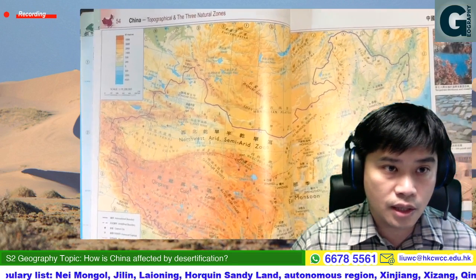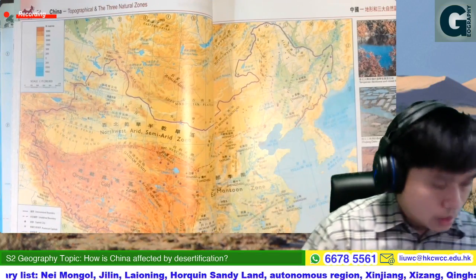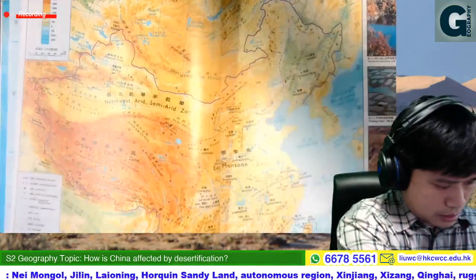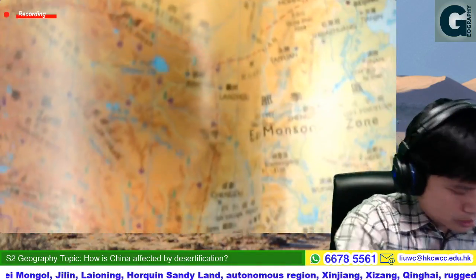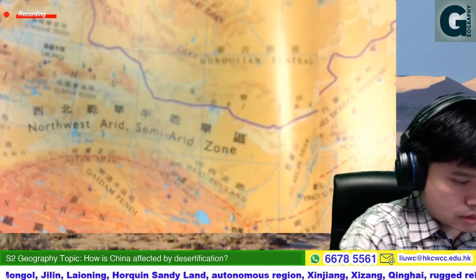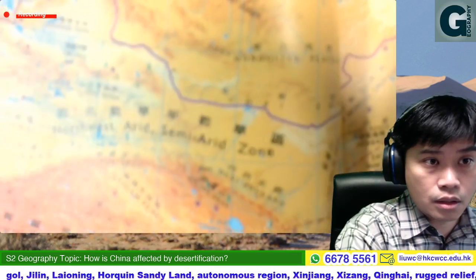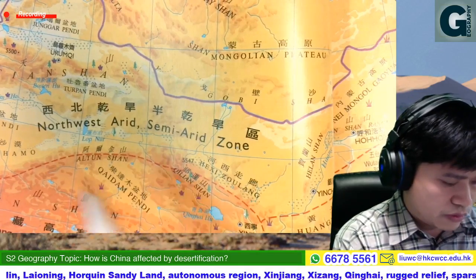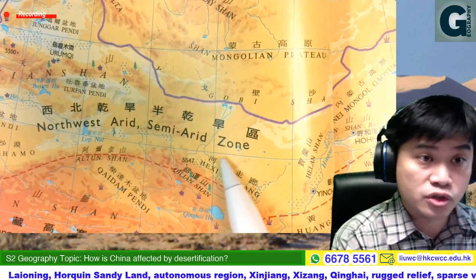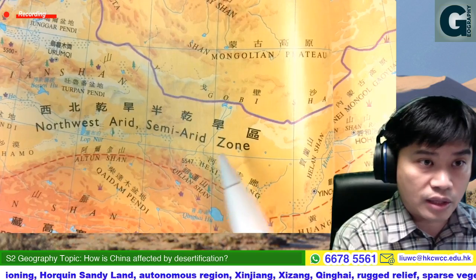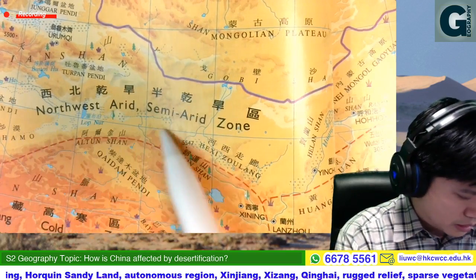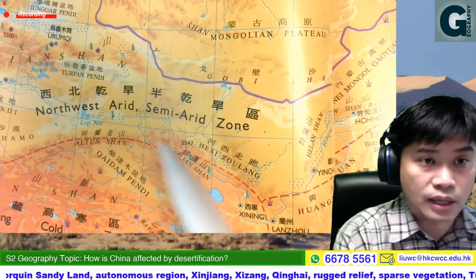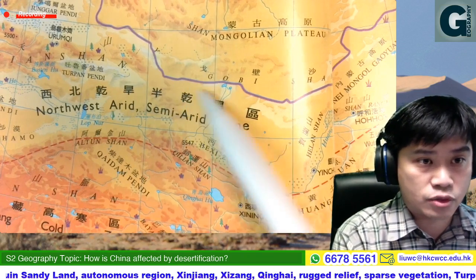Let me enlarge this. If you have your school atlas right here, you can see the northwest arid semi-arid region zone. This part is the 河西走廊, which is in Gansu province.